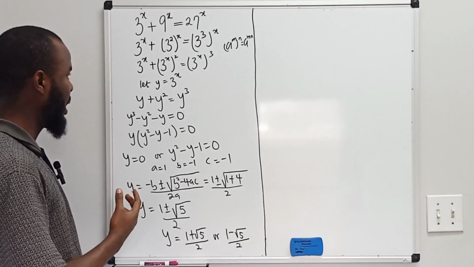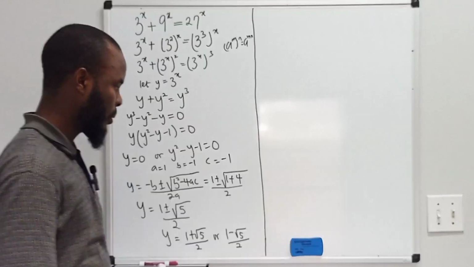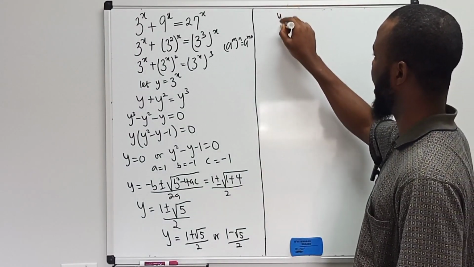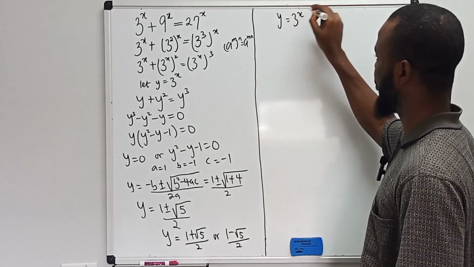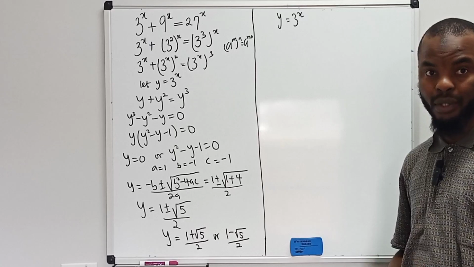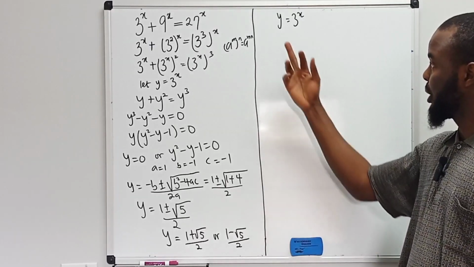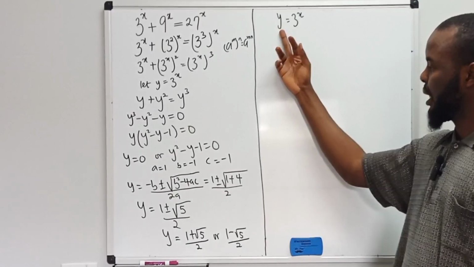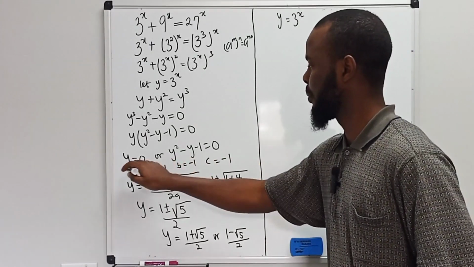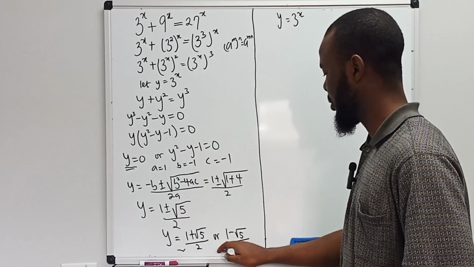But we need to get x. So coming here, we have that y equals 3 to the power of x. And don't forget that 3 to the power of x must surely give a positive value, right? So y must be positive. Here we have y to be 0, y to be this, and y to be this.